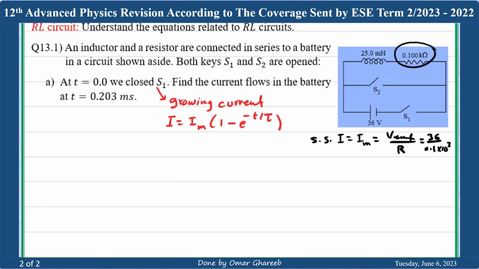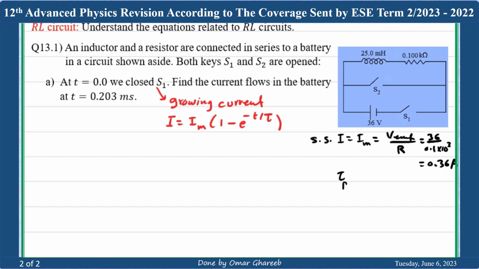Here is the resistance, here is the voltage. So the maximum current is 0.36 ampere.